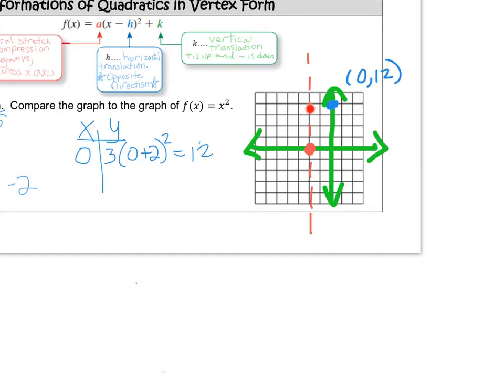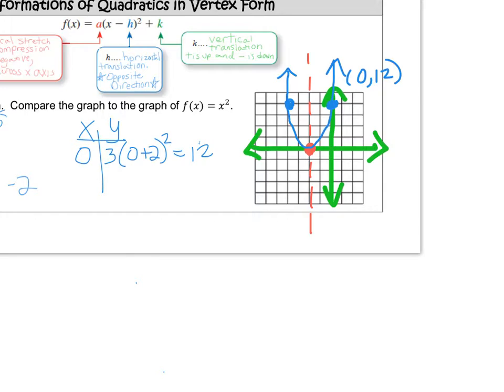So for my axis of symmetry, if I went over 2 this way, I have to go over 2 this way, and there will be another point. So let's go ahead and just graph that one right here. And now I can draw my parabola. It's going to come down and go back up. Okay, so now I've graphed my parabola.